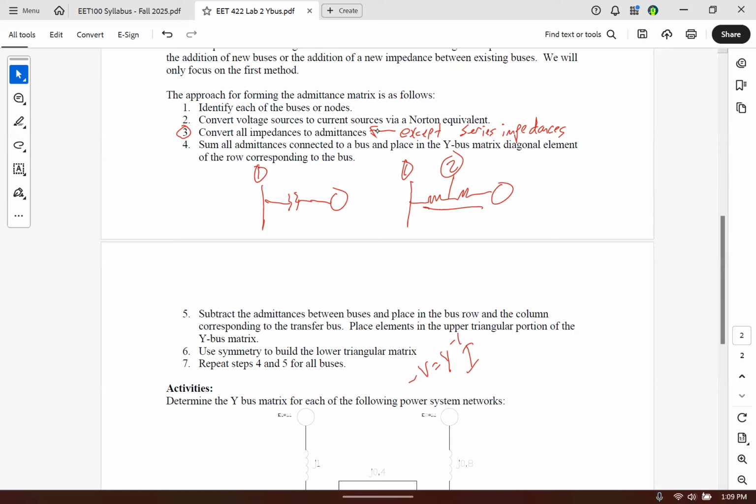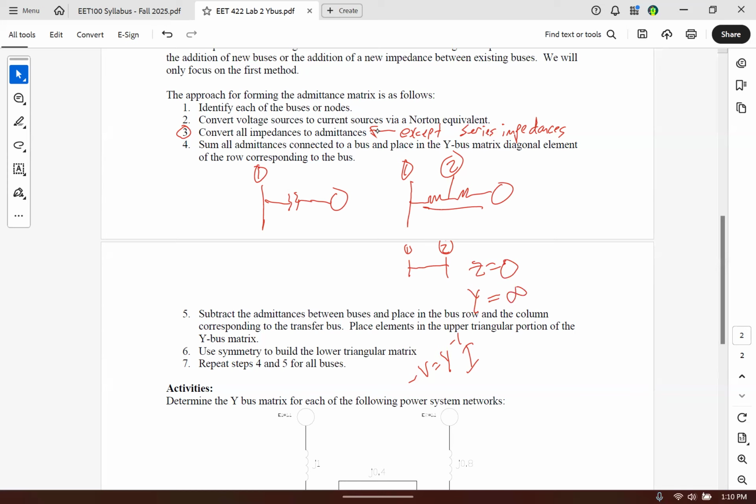If you have a tie line between two buses, it would say you can't do that because that shows as a 0 impedance device. A tie line has essentially no impedance. If I have a tie line between bus 1 and bus 2, and this impedance is 0, what is the admittance of an impedance that's 0? So Y equals infinity, right?